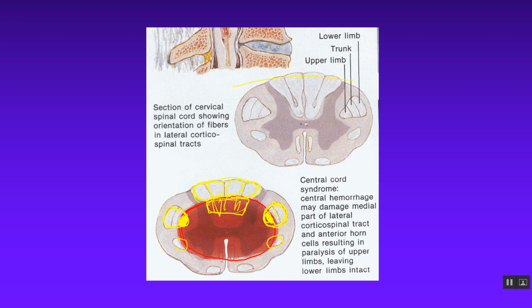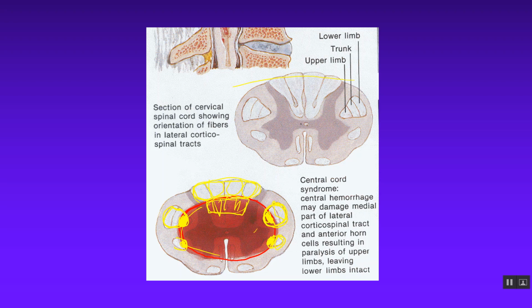They would also have, here, pain and temperature. This is the spinothalamic tract. That most medial part of the spinothalamic tract is also upper extremity. So they're going to have a disproportionate loss of upper extremity pain and temperature, okay? Below the level of the lesion, legs are going to be okay, but upper extremity pain and temperature may be impacted.